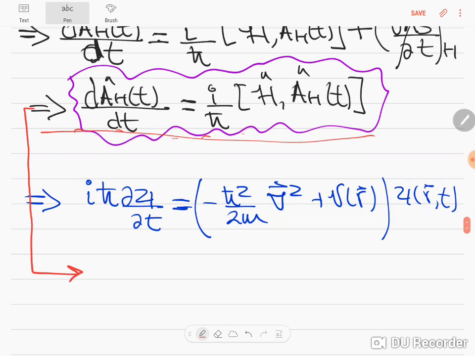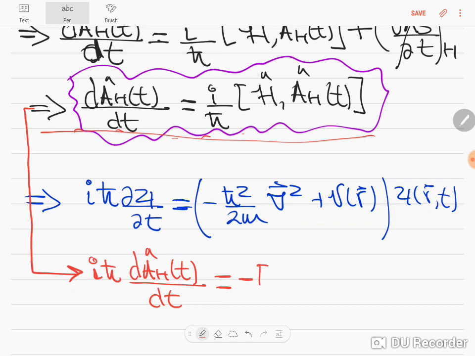We multiply both sides by h bar, and then multiply both sides by i. So we pick up i h bar dA_H(t)/dt, and here you pick up a minus sign due to that.